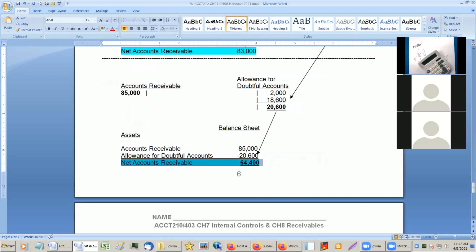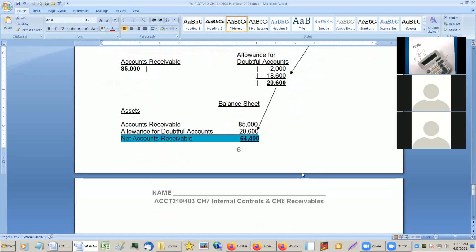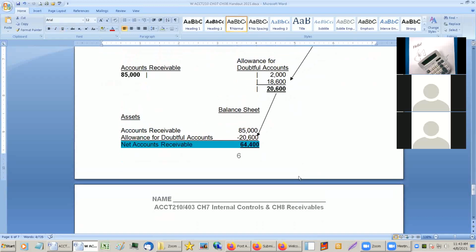Now they'll have a note somewhere on how they got that, but they'll say, look, this is what we think we're going to collect. And to some extent, this doesn't matter. You're not going to collect 85,000 anyway, so why put it on there? This is what you're going to collect. Question on that?